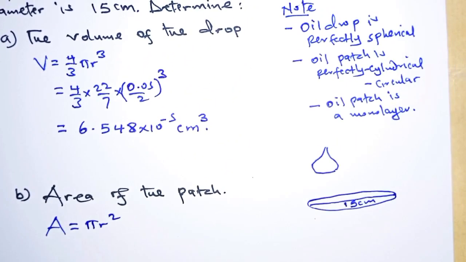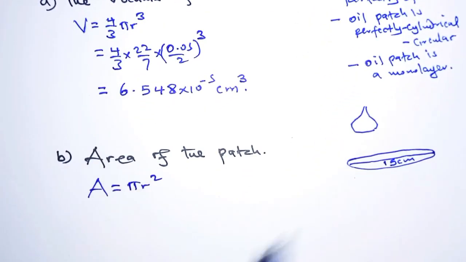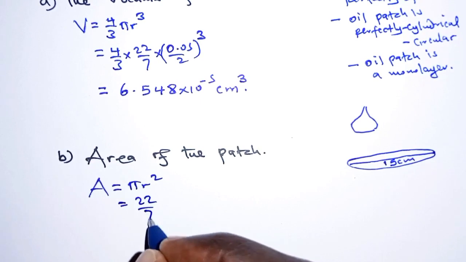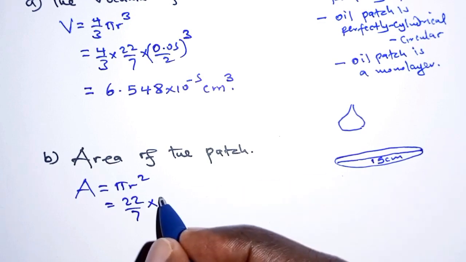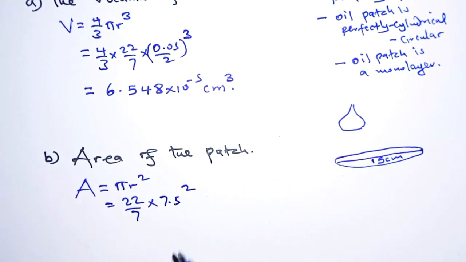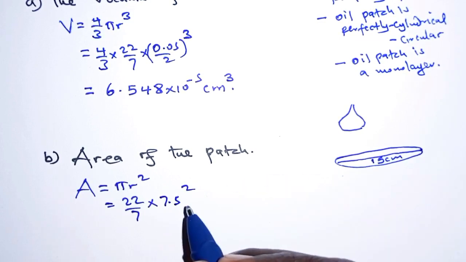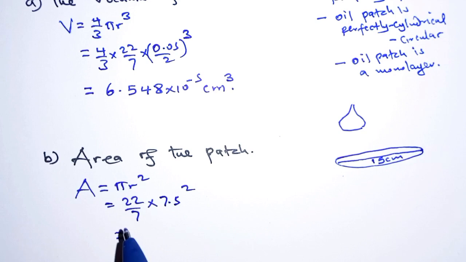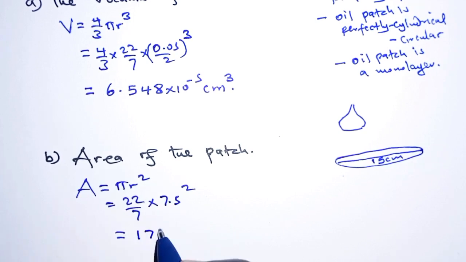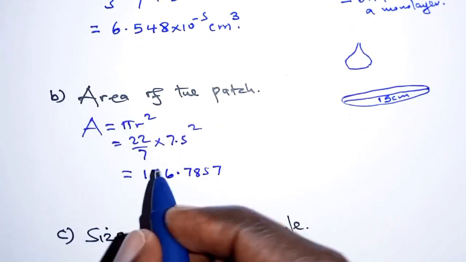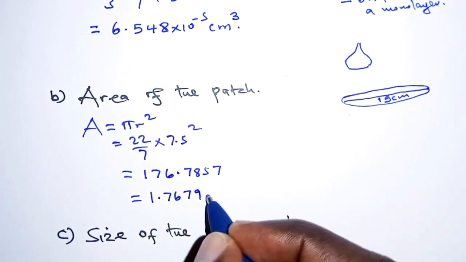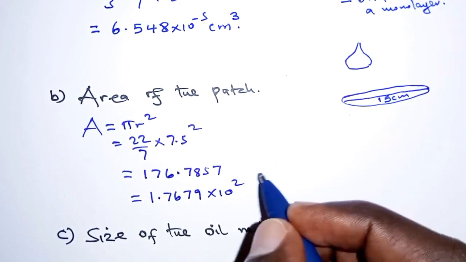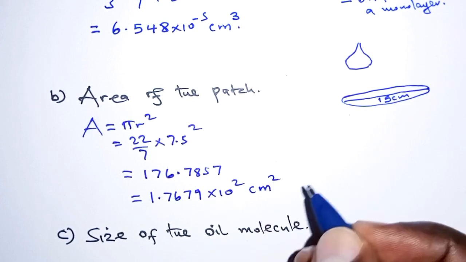Remember, we had assumed that it is perfectly circular, so we are going to have 22/7 times radius squared. So the radius is 15/2, so we'll have it as 7.5 squared. A half of 15 is 7.5. So when we work out this, we should be able to get 176.7857, which I wish to express in standard form, and that is 1.7679 times 10², and this one is square centimeters.